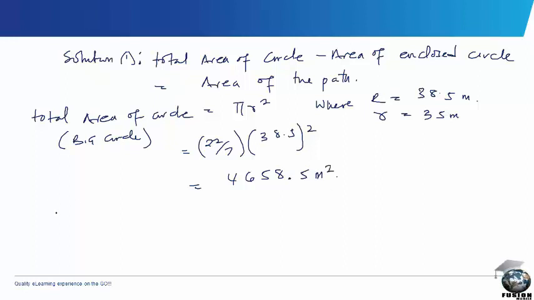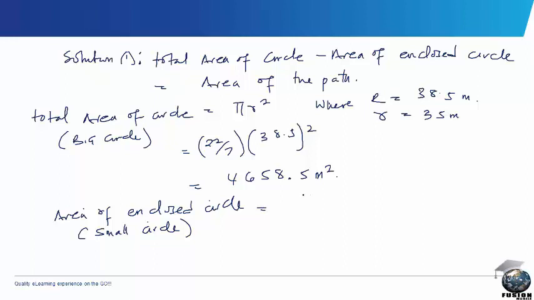And then the area of the enclosed circle, or the small circle, will be equal to 22 over 7 times 35 squared, which is equal to 3850.